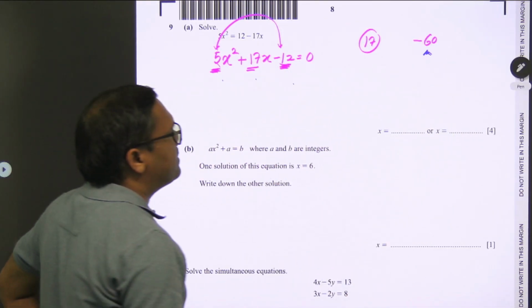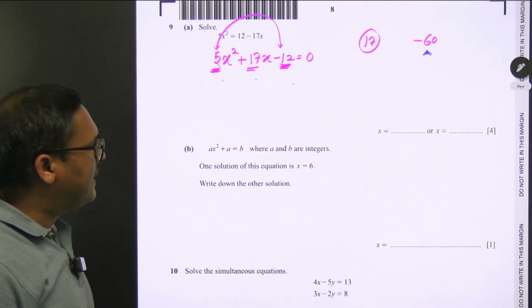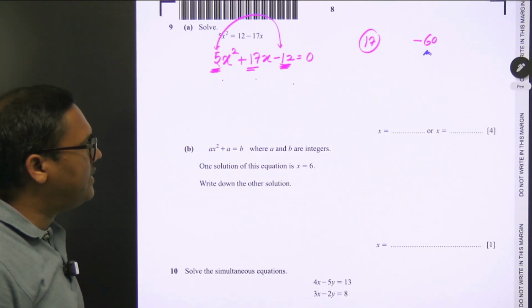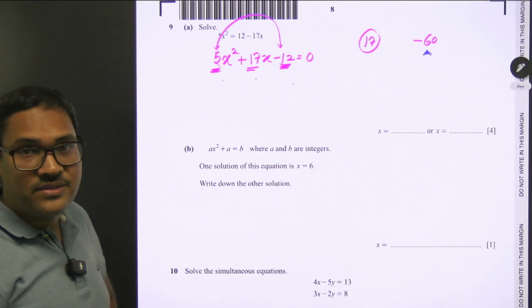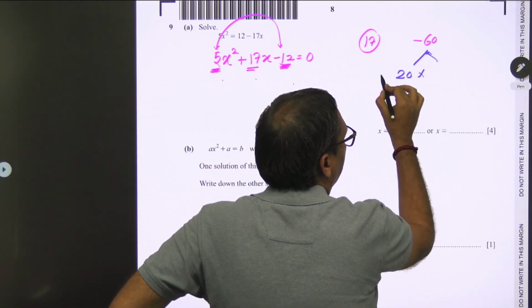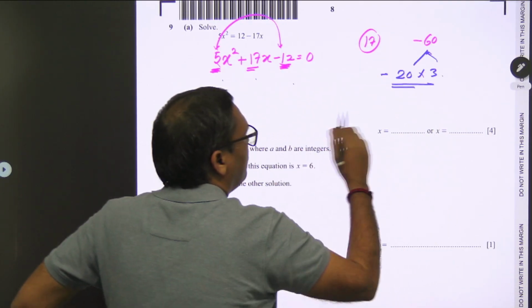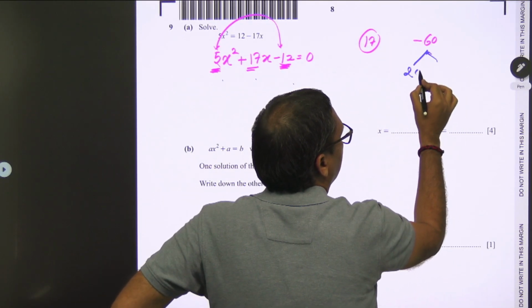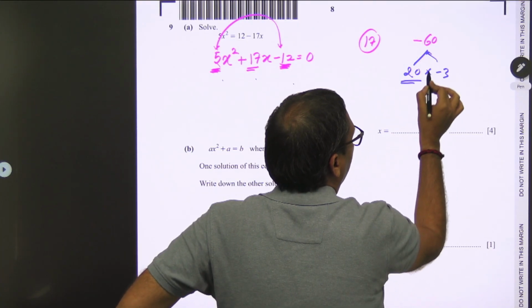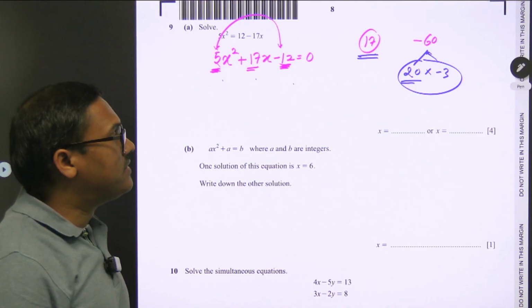For negative 60, you have to have one number as a positive number and the other number as a negative number. So what are the numbers you can take? 20 and 3. You can take 20 and minus 3. Why? Because sum should be equal to 17 and product should be equal to minus 60.